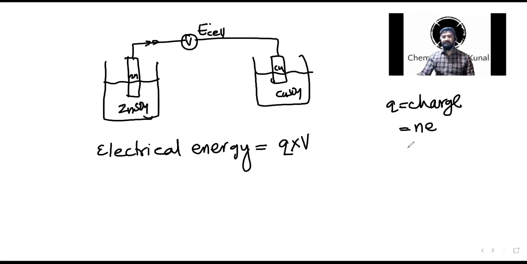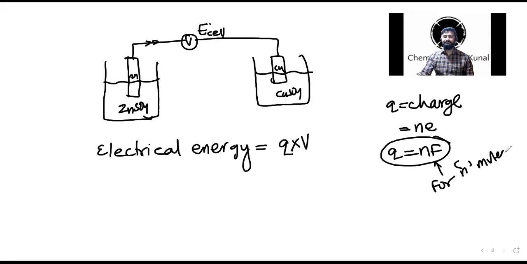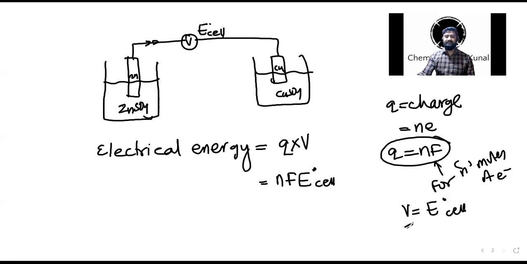So the charge is going to be nF for n moles of electrons flowing. Voltage would be E naught cell. So from here, we got the electric energy as nF E naught cell.